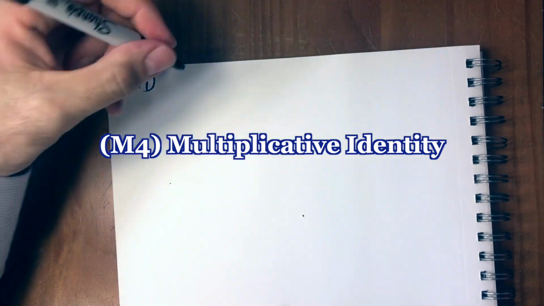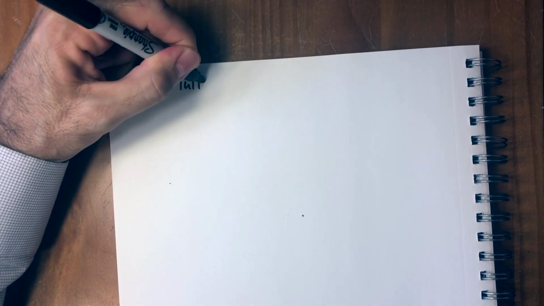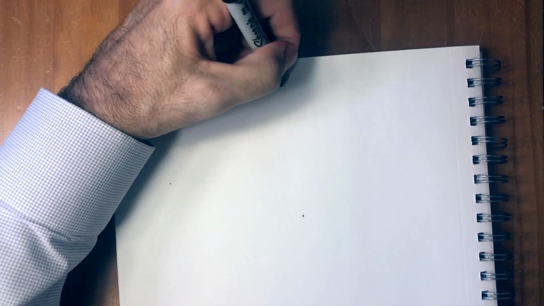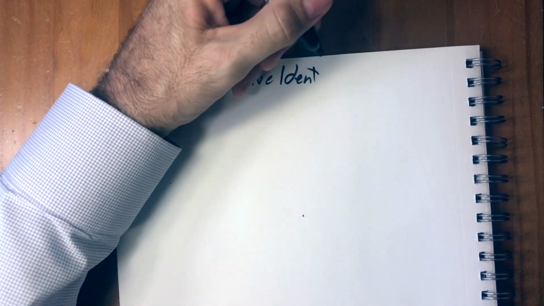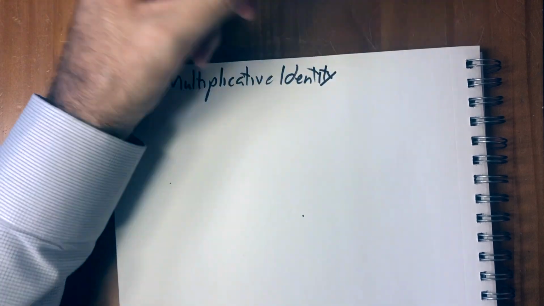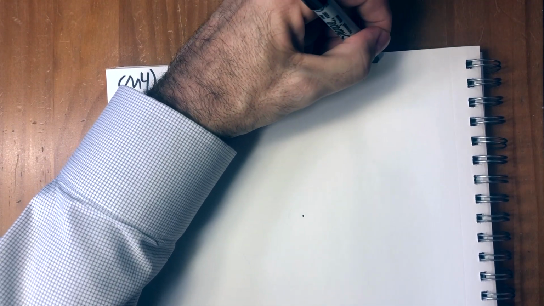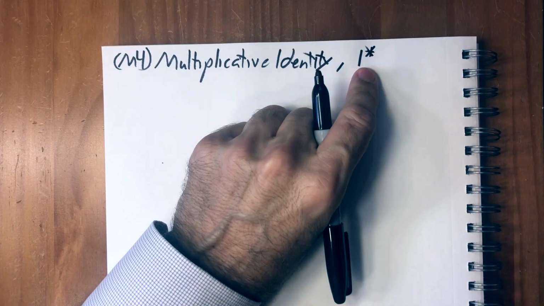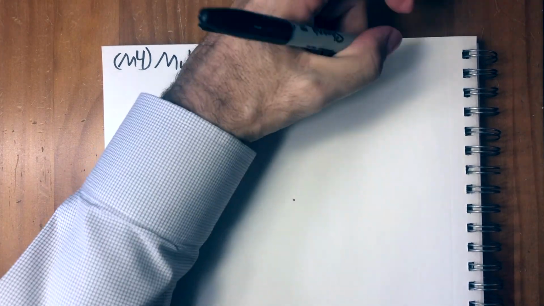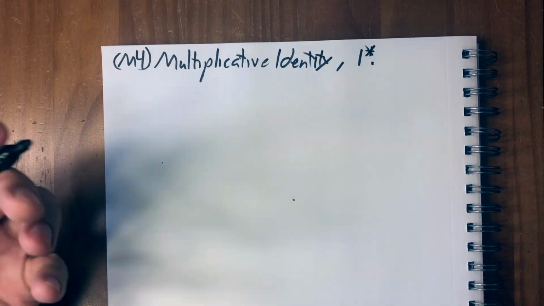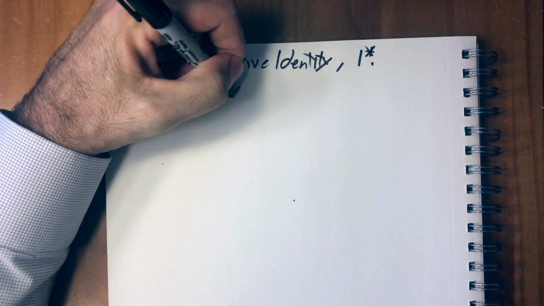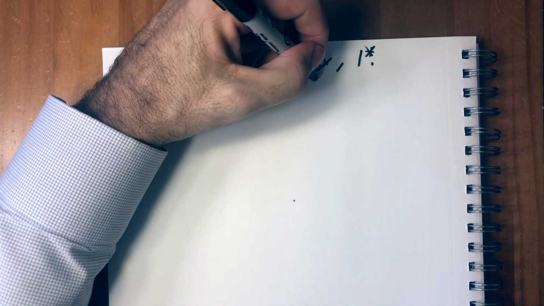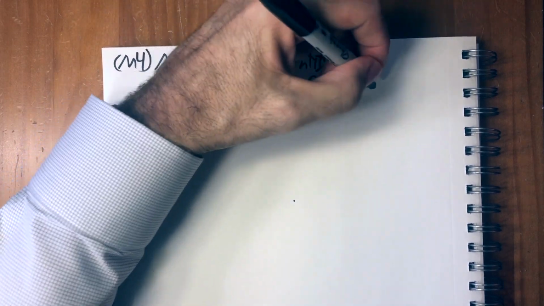Okay, so first we have to show multiplicative identity, which we defined as 1 star, the set of all rationals less than 1. So what we need to show is that alpha times 1 star equals alpha for all alpha.